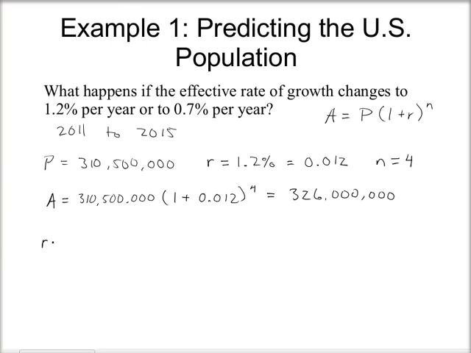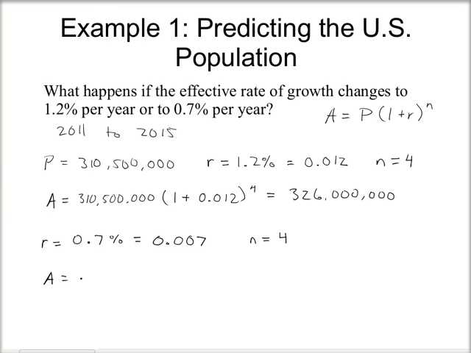Now what about if my growth rate is 0.7%? So what if my growth rate is lower? I'm still starting out with my same initial population. The decimal form of 0.7% is 0.007. I'm still looking at the same time period of 4 years, so n is equal to 4.